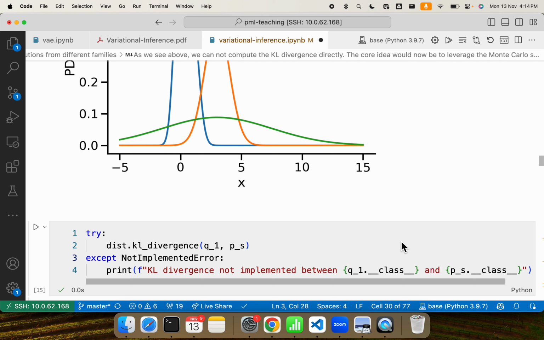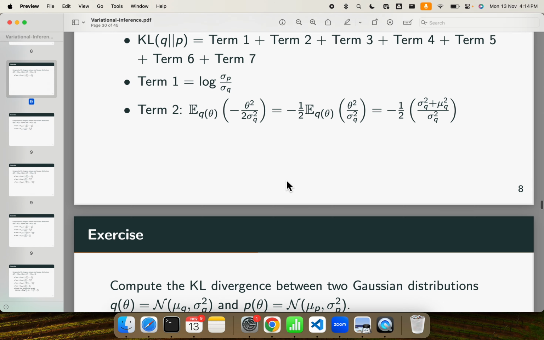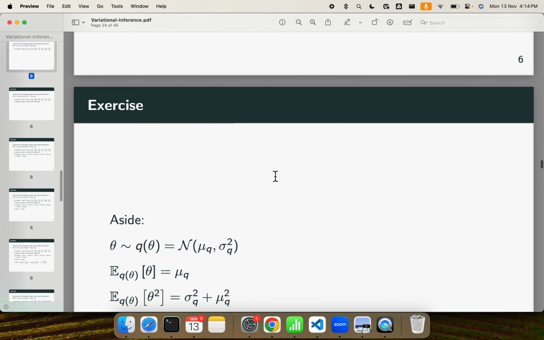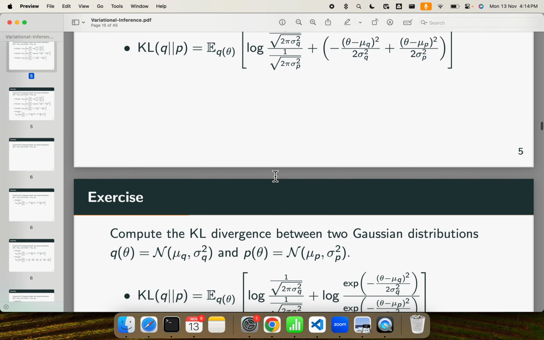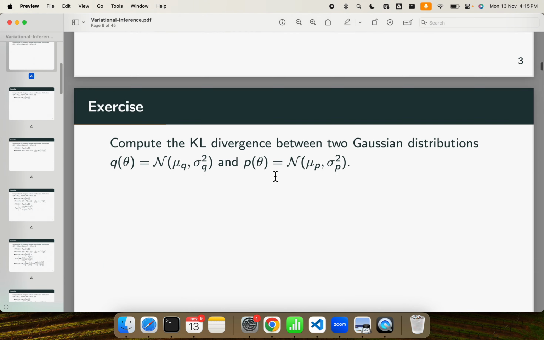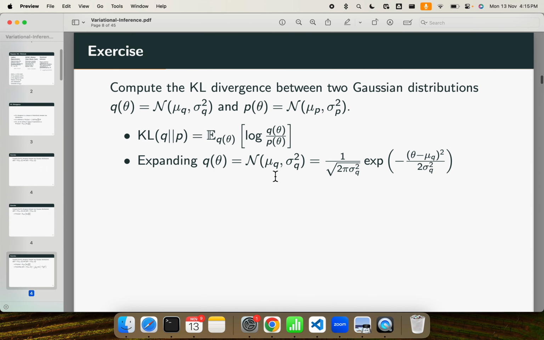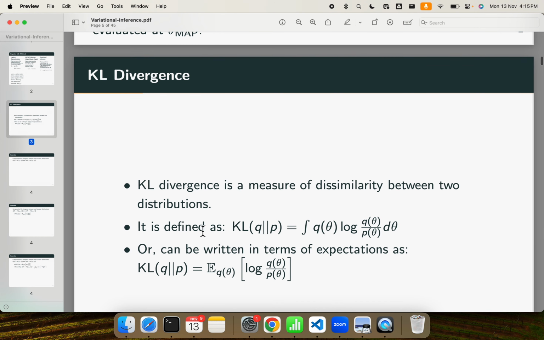So remember that, let's go back to the formula. Yes.